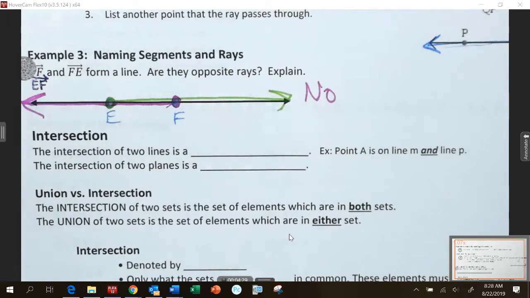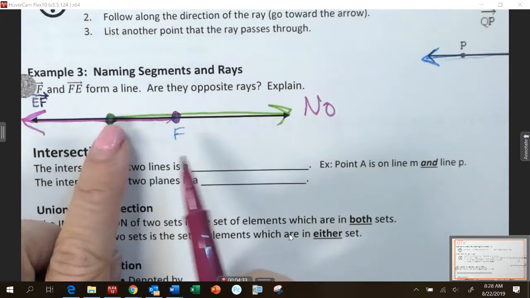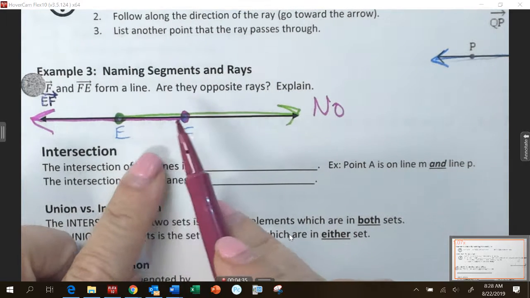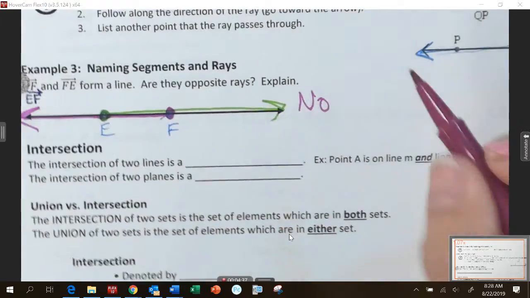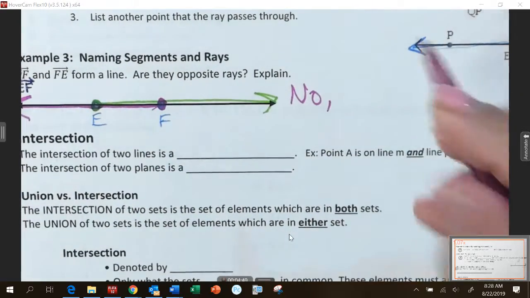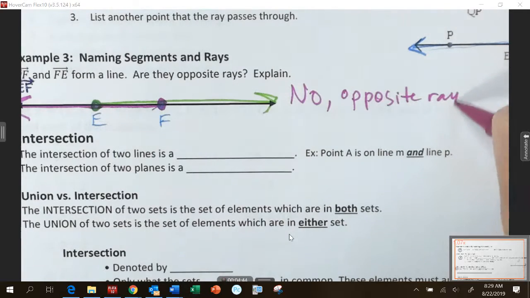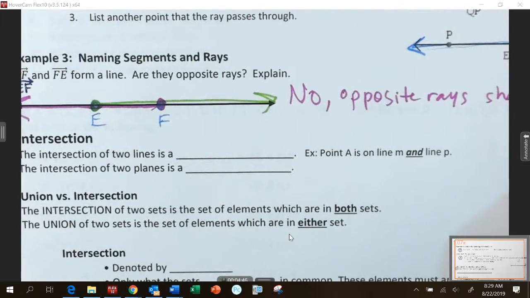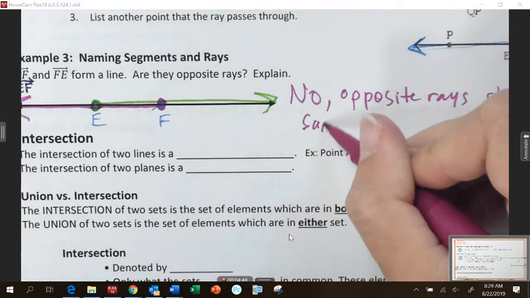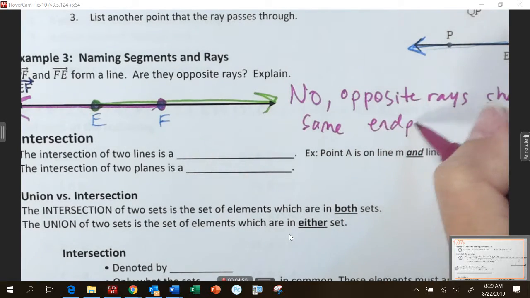Opposite rays share the same endpoint and then form the line. So these are sharing two different endpoints. They overlap. That's not what opposite rays are. So opposite rays share the same endpoint.